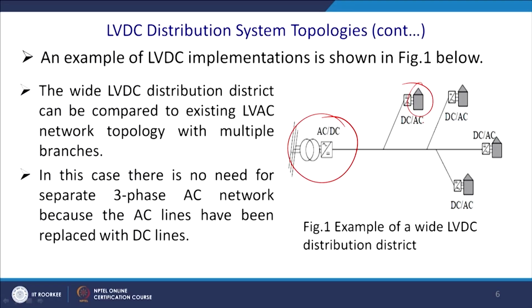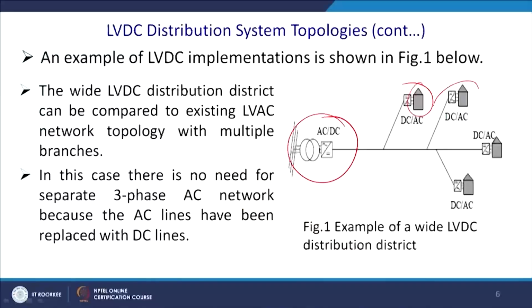That is better because, you might be knowing, you are running these inverter fed ACs, where ultimately the input is rectified and then fed into the DC, and then it is reconverted into the AC as required by the source. So, for this reason most modern loads incorporate AC to DC conversion by themselves, and in the same way here also. These are a few examples of the wide LVDC distribution system.